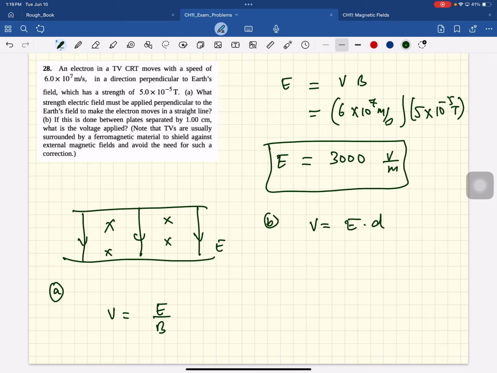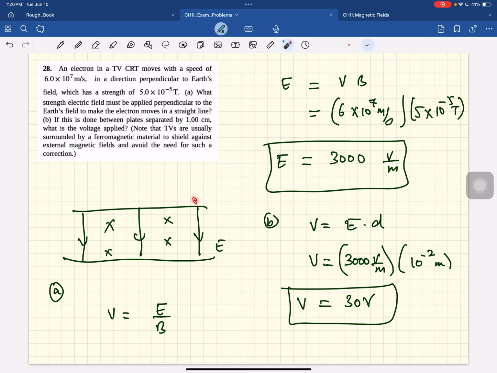So the voltage needed is 3,000 volts per meter times 1 centimeter, which is 10 to the minus 2 meters. So that's 30 volts. You would need to apply 30 volts to prevent the deflection of the electron from the magnetic field.